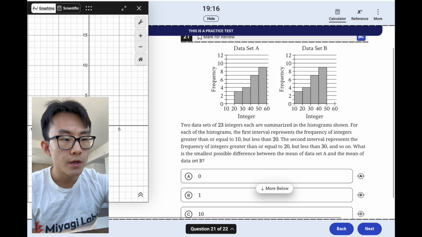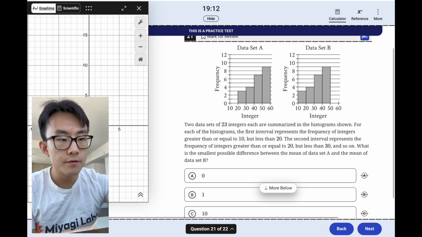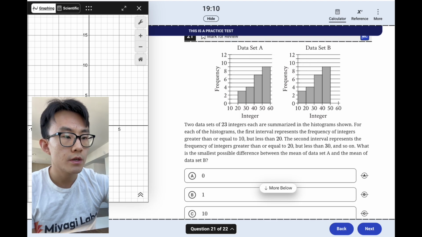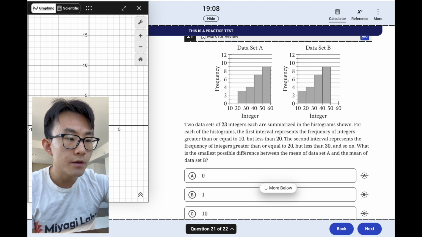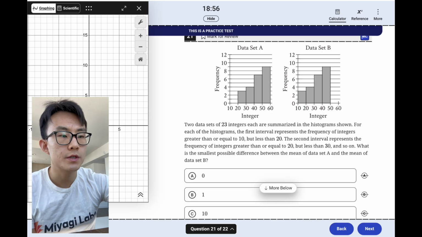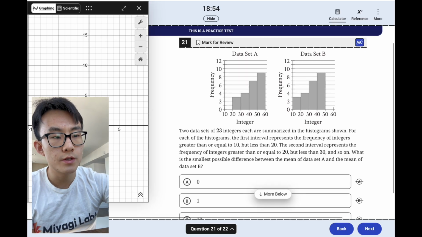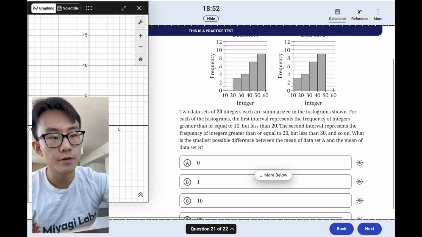And in data set B, there's 3, 4, 7, 9. So data set B is going to be between 30 and 40.